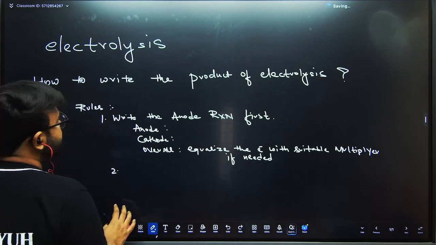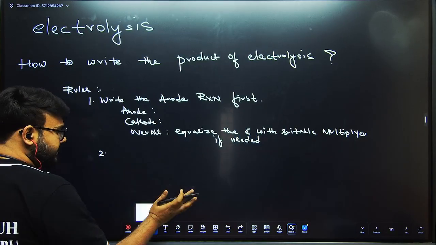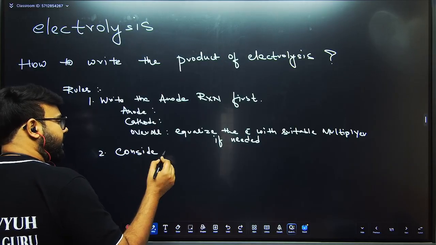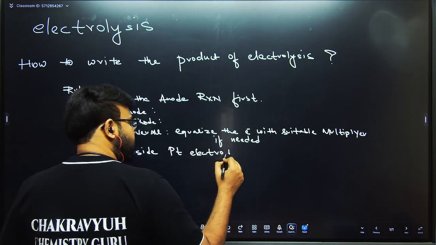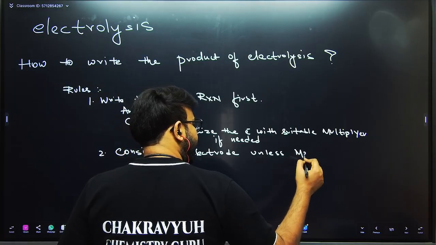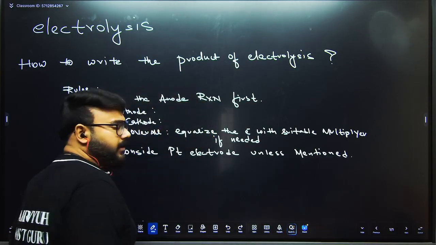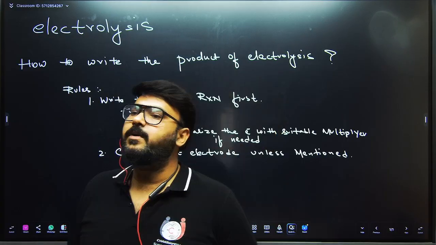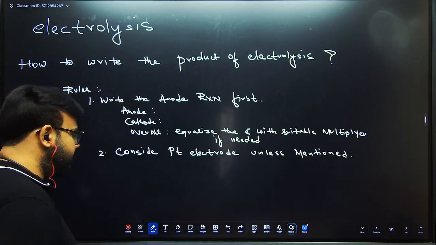The second rule says, after you are done with the anode reaction, consider platinum electrode unless mentioned or given. So what I'm trying to tell is, if the electrode is not discussed in the question, by default you will assume it as platinum.